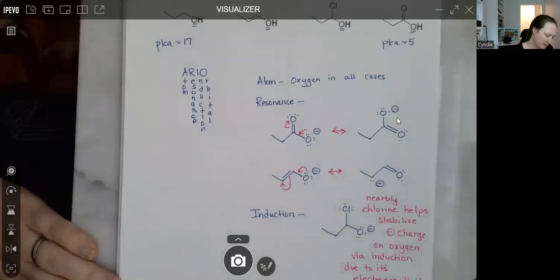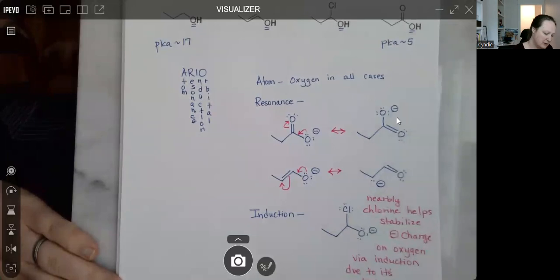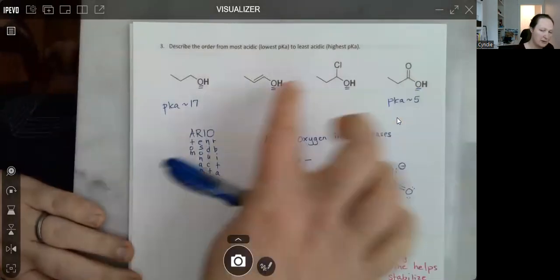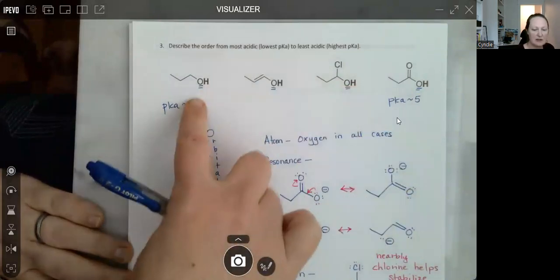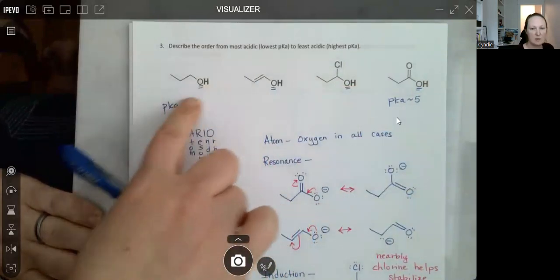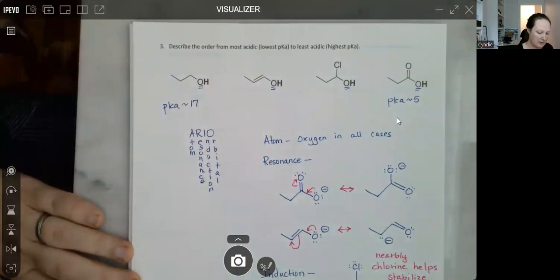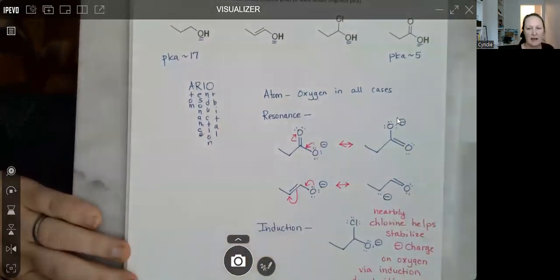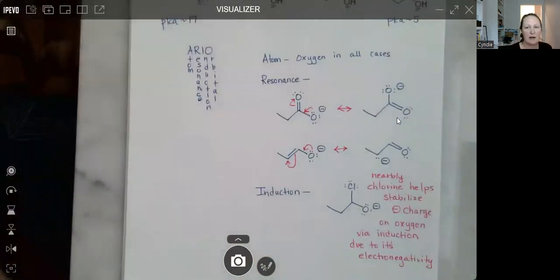Okay, and then it looks like we don't really need to consider the orbital because we have two that have resonance, one that has induction, and then one that doesn't have resonance or induction. So we've basically figured out the difference in all of these cases.